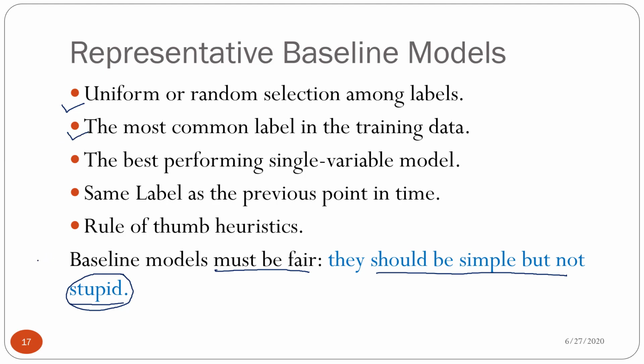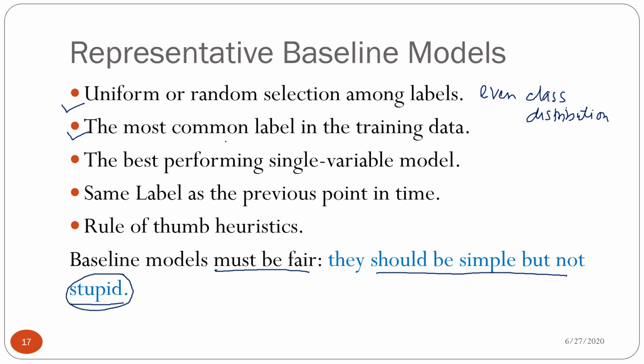This makes more sense when you have uneven data. The first point is for even class distribution, which means you have a 50% chance of going up and a 50% chance of going down.